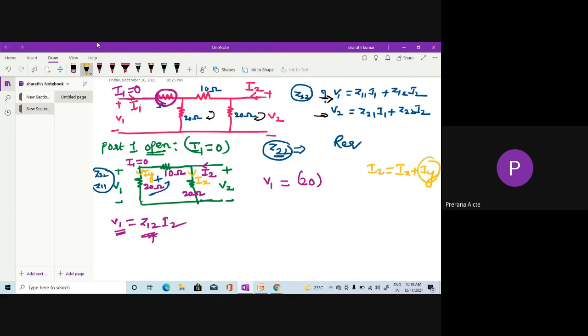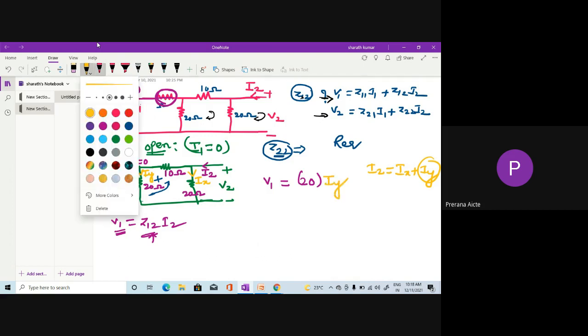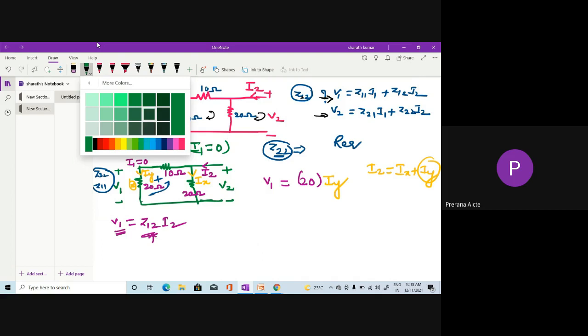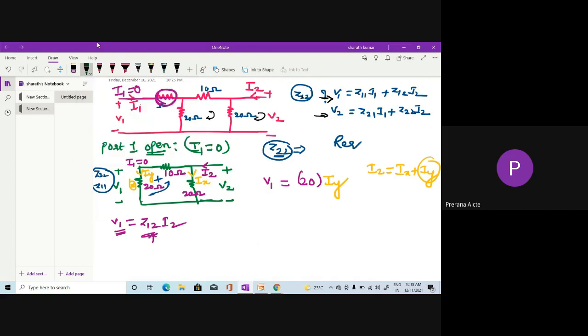But Iy is the one flowing in this 20 ohm resistor. So V1 is equal to 20 into Iy. Very simple.